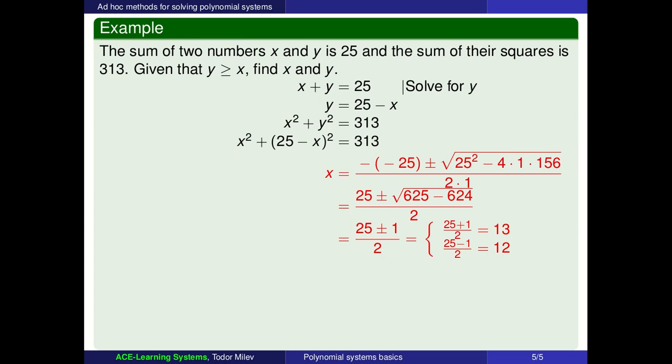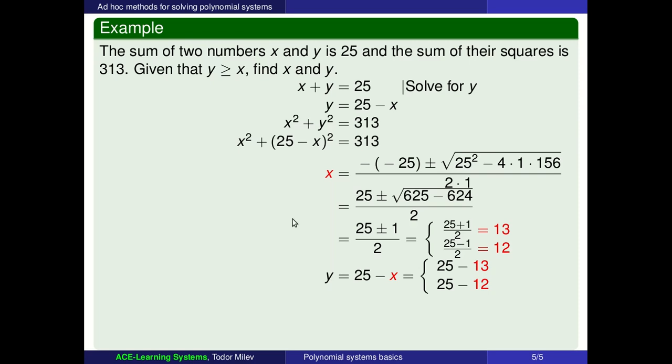Okay, so now we have our two solutions for x equal to 13 and x equal to 12. Now, we haven't found y yet, so let's take care of that. y equals 25 minus x. So y equals either 25 minus 13 or 25 minus 12, right?